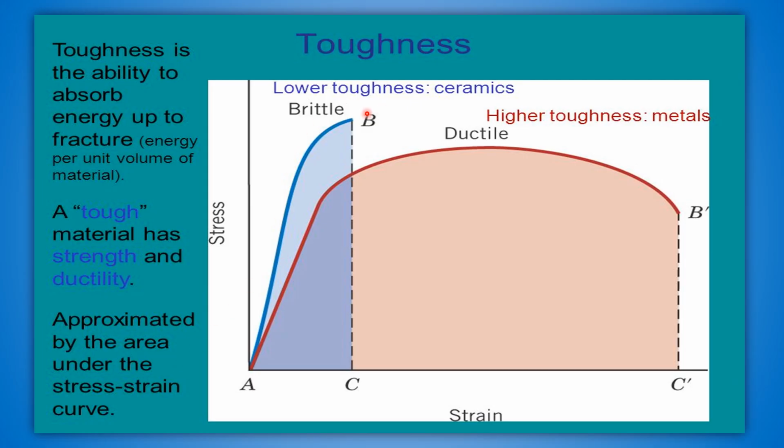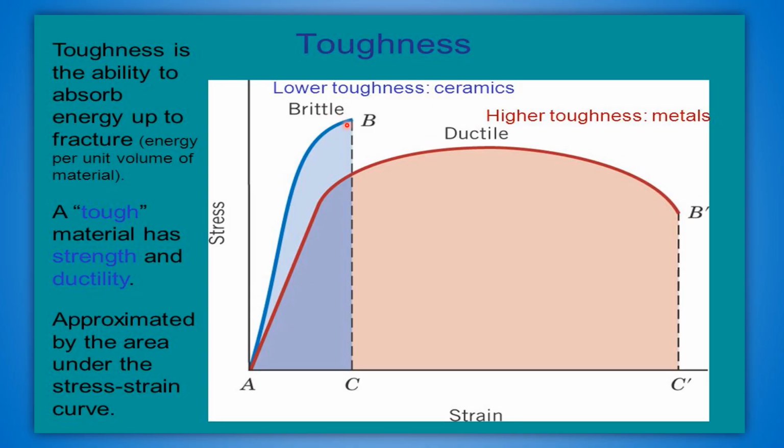So as you can see here, if we are comparing these two materials, and somebody asks you which material is stronger, you will say material A, which is the brittle material, is stronger than material B, which is the ductile material. Why?